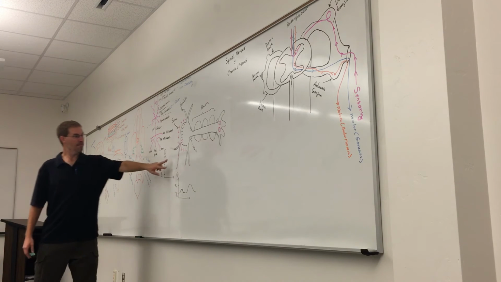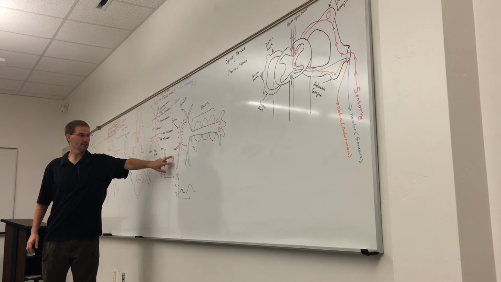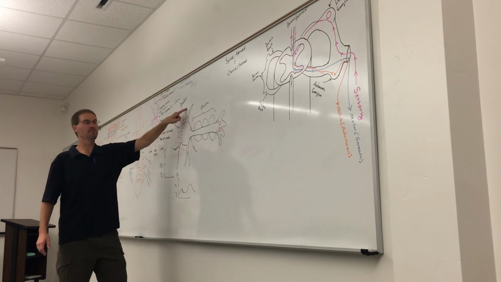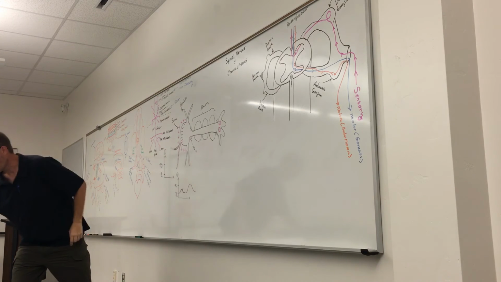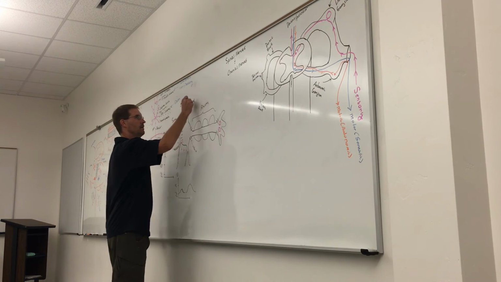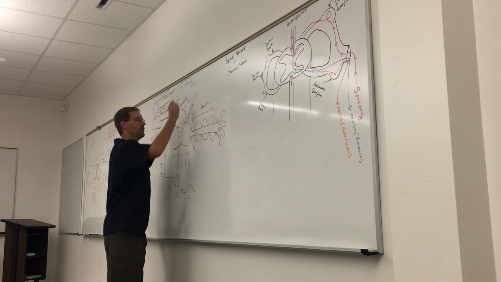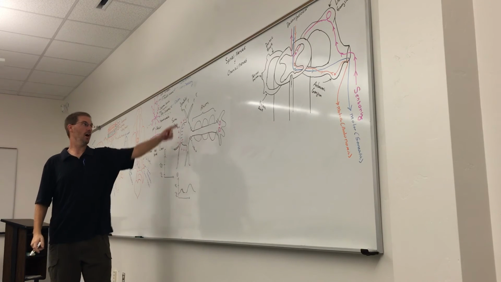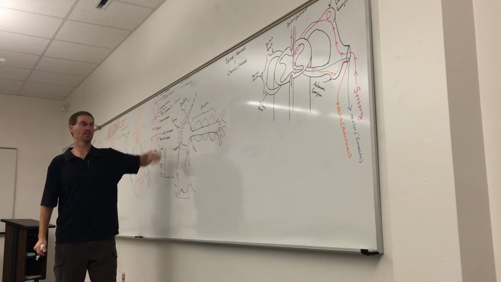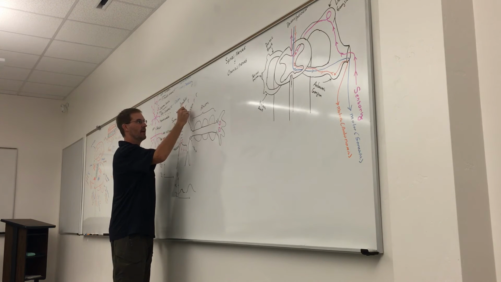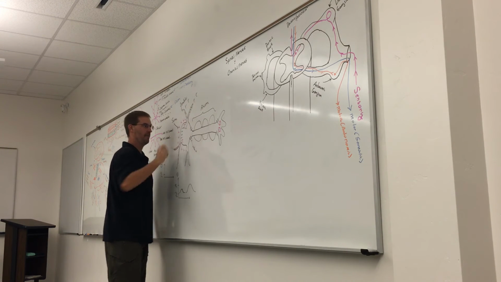At the same time that these dendrites are being activated here, I could have dendrites being inhibited up here, okay? Maybe I gave some drug that is causing inhibitory action here. And so these dendrites here are causing negative charge to come in.